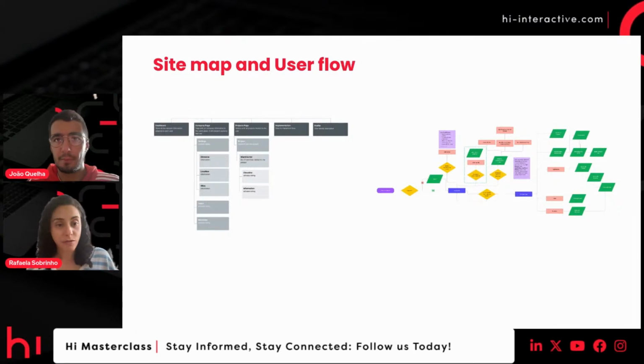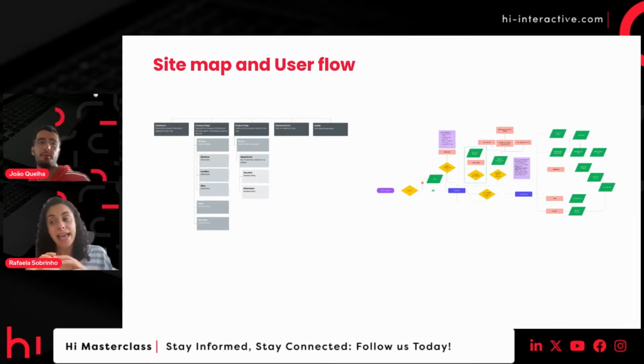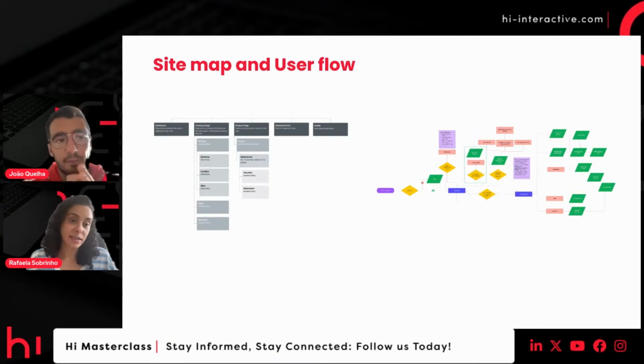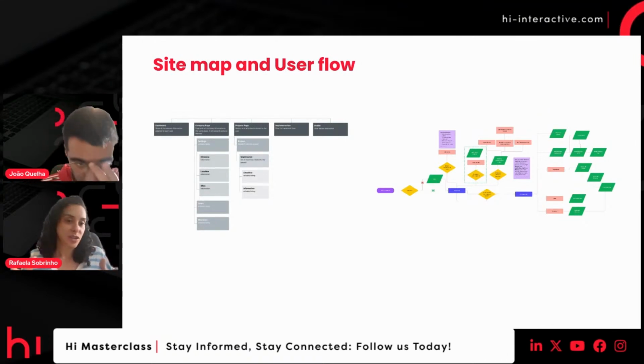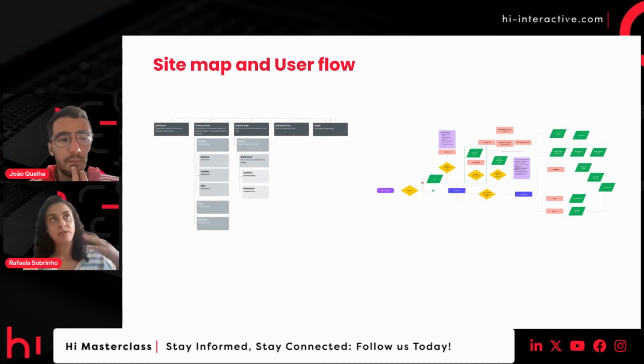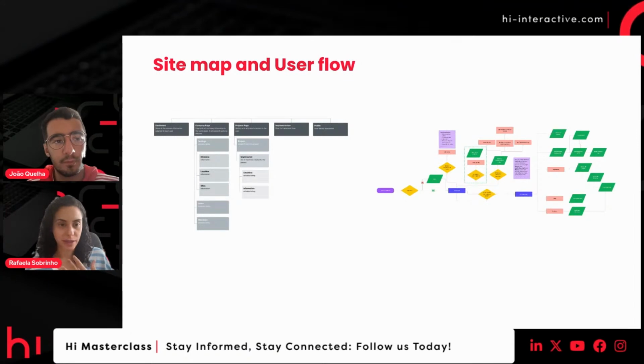You can have a lot of user flows in the same platform, and we can offer a change in these two cases. If we are talking more about sitemaps, more about the architecture of the platform, usually we find problems there, and we can reorganize the platform and the pages to make it easier for users.